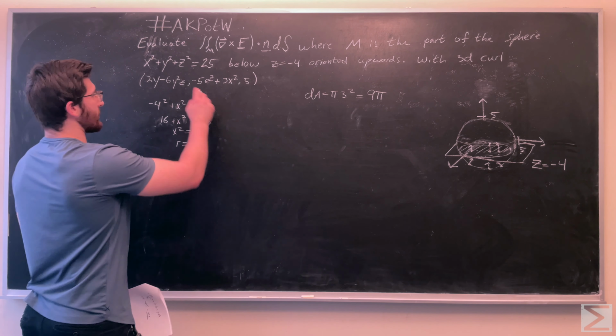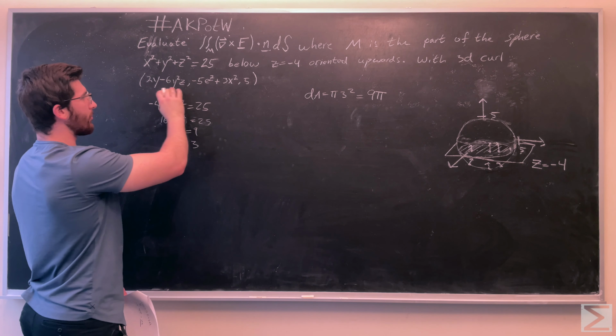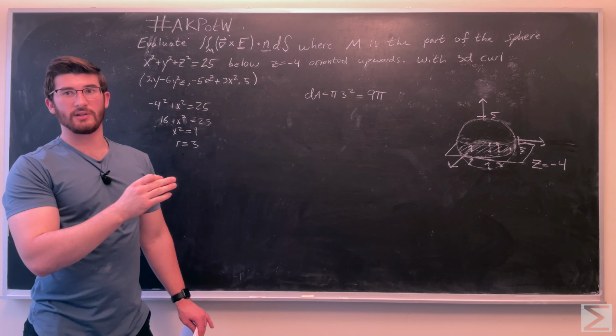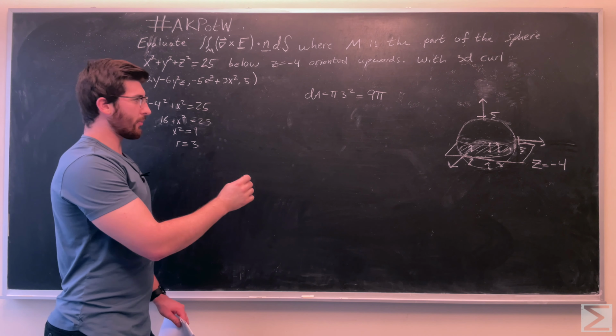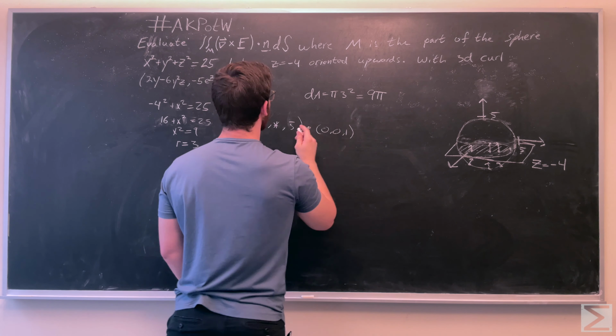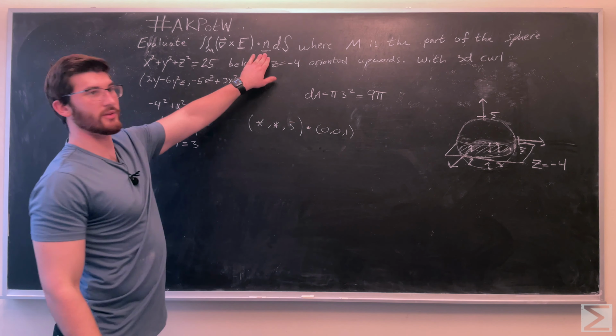So since we have this three-dimensional curl, we can ignore both of these because the dot product between those and 0, 0, 1 is just going to be 0. So here 0, 0, 1 is going to be this unit vector.